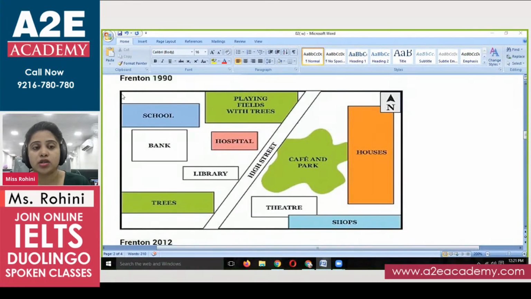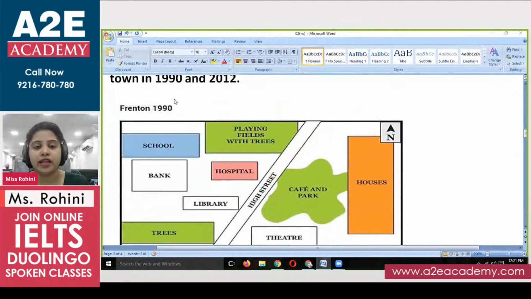So firstly, for writing task 1, you can use starting statements like: it is apparent that, it is crystal clear, at the first glance it can be seen, or it expounds vividly, it can be observed. You can use any of these.